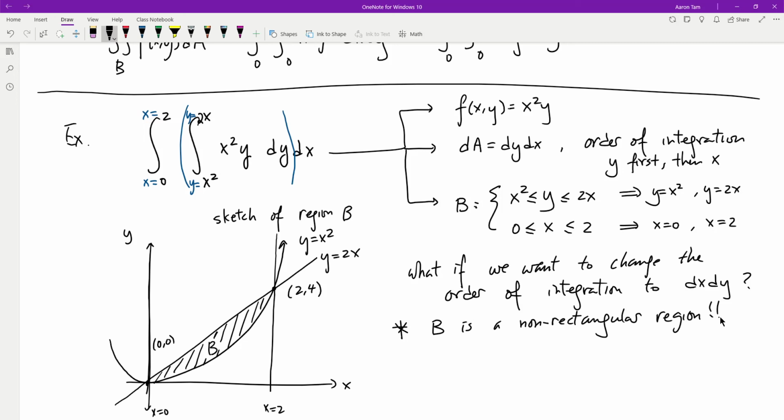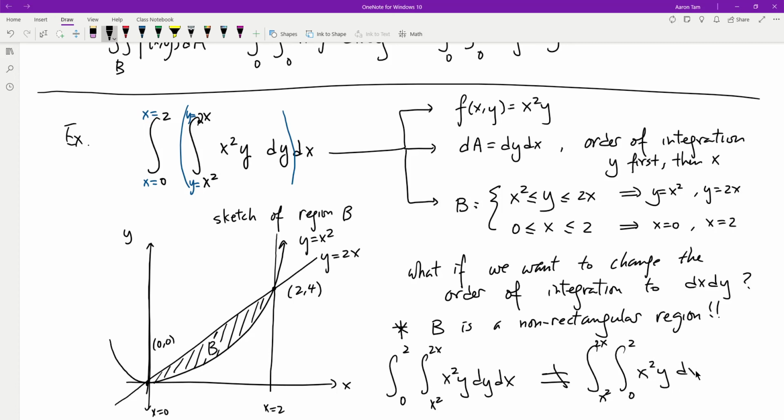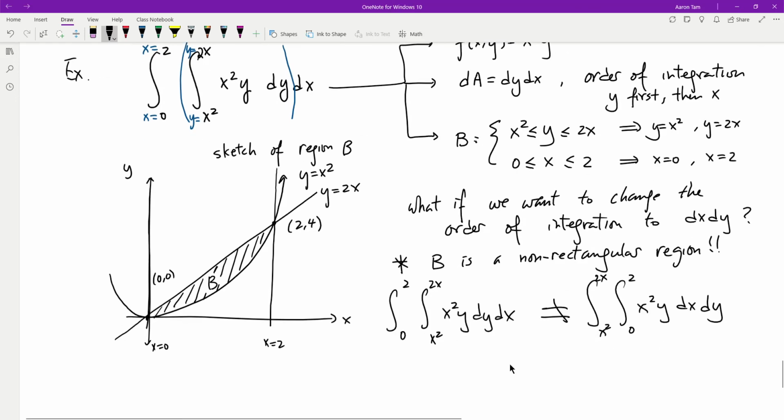We cannot do that here, meaning you cannot take this integral, it's not the same as this. That is wrong. You cannot do that.